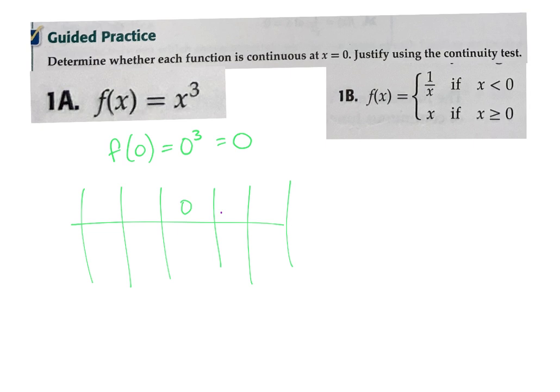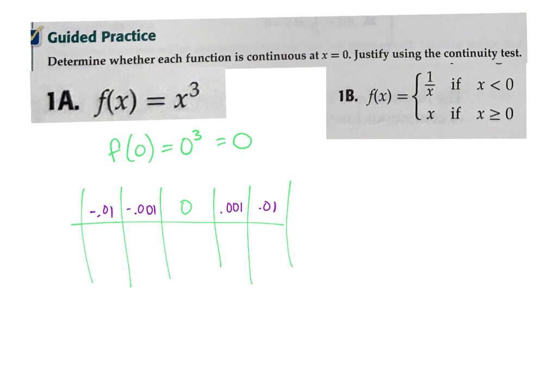So like over here, we would say 0.001, 0.01, okay? And on the other side, we would use something like negative, right? And you want to get close to it, so you're going to say negative 0.001. I'm going the other way. Negative 0.001 and negative 0.01, something like that. All right, because we're going these directions.